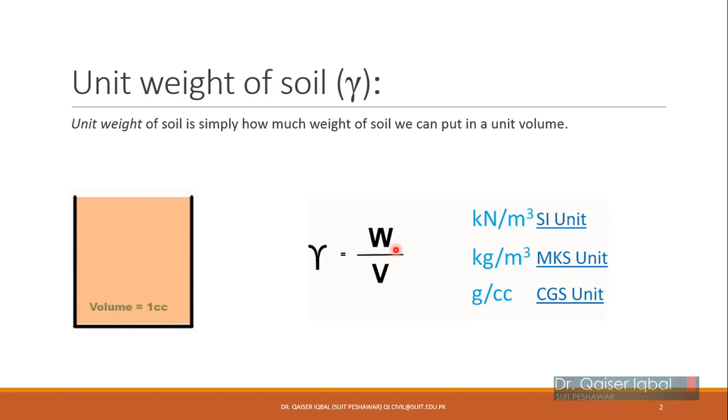So the unit weight is simply the weight of that material divided by the volume for which you have taken the weight. That will give you the weight of material which you can put in 1 cc or 1 cubic meter, or if you are using the FPS system, then in 1 cubic feet of any material. So that is basically how we define the unit weight.